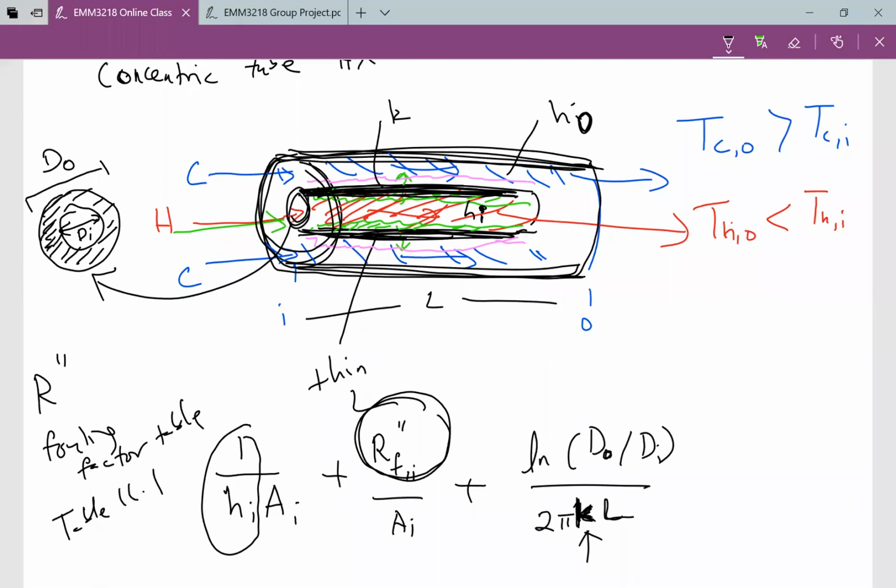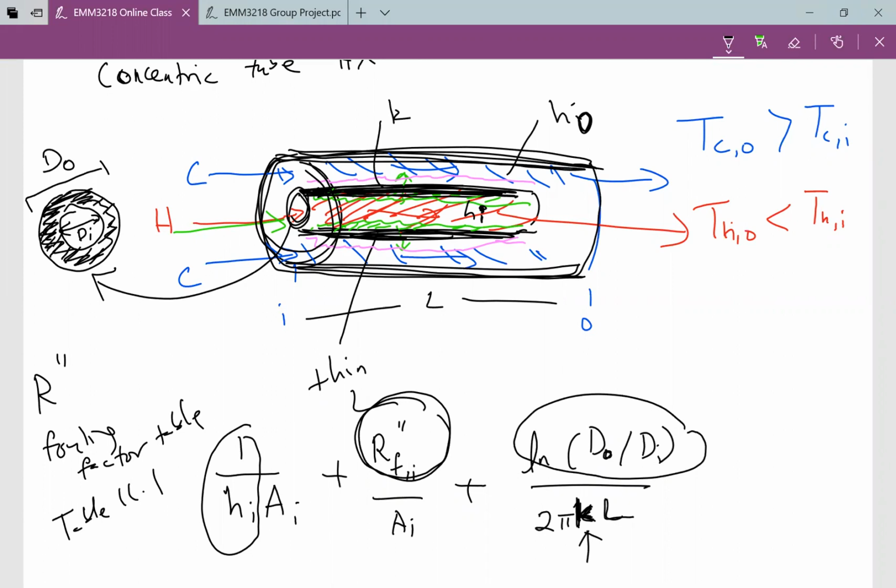Then the ratio, the natural log here, is giving you kind of the thickness of that inner tube, this shaded region.